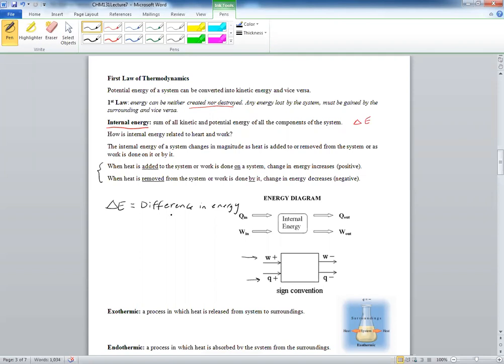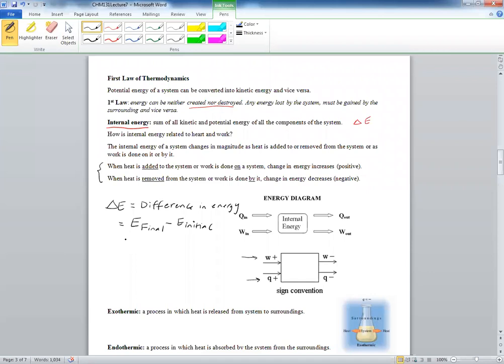Doesn't that mean that you subtracted things? Yes. So delta E means E final minus E initial. We're going to call them EF and EI. So think about it.